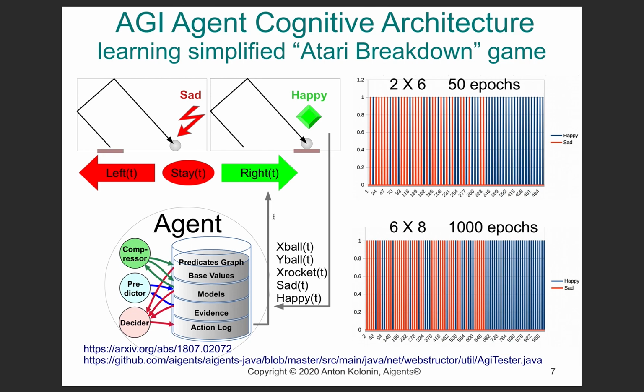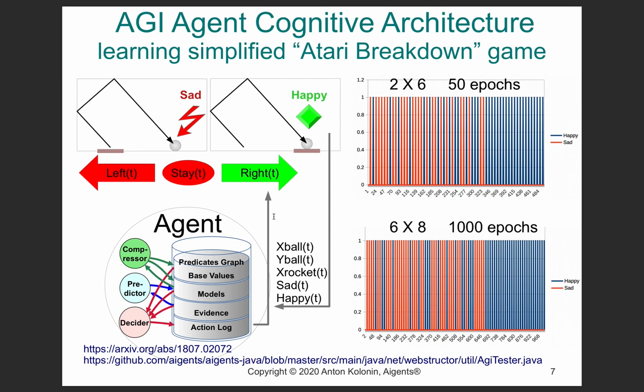And here is an example of how we can use this architecture in order to solve a simple task. So here is the Atari Breakout game simulation, where the goal of the agent is either to keep the rocket in place, or move the rocket left, or move the rocket right. The idea is just to catch the ball, so the ball is not hitting the floor of the game board.